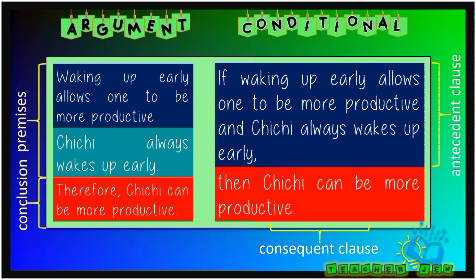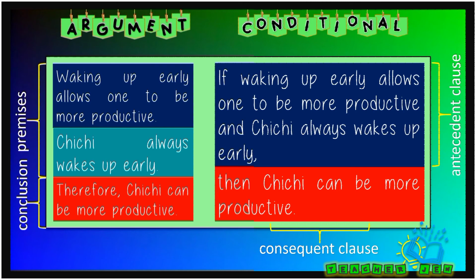Therefore, Chi-Chi can be more productive is what the arguer is trying to prove out of the premises stated. Looking at the conditional statement, we can see the pattern of the use of if and then. So you should not confuse an argument and a conditional statement.